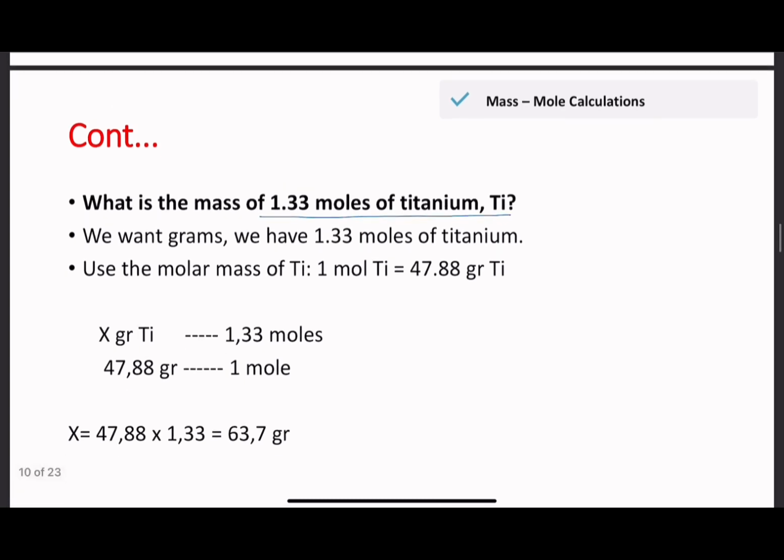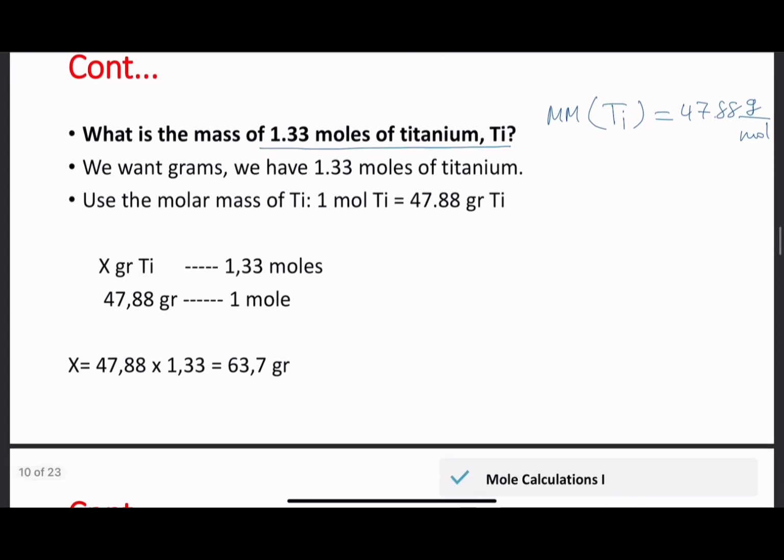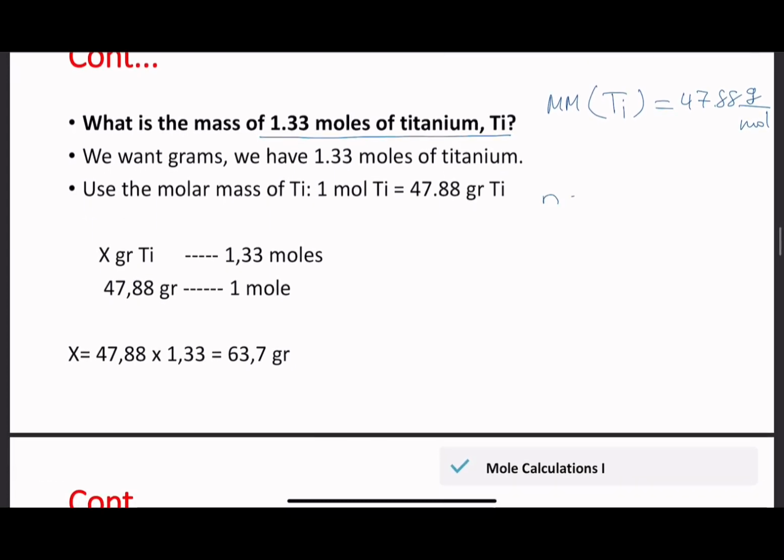If you check out the periodic table, you will find that titanium has a molar mass of 47.88 gram per mole. And I told you the formula is n equals m given divided by molar mass.